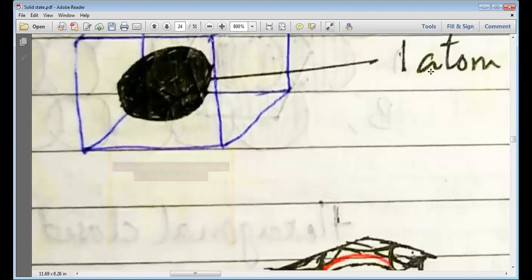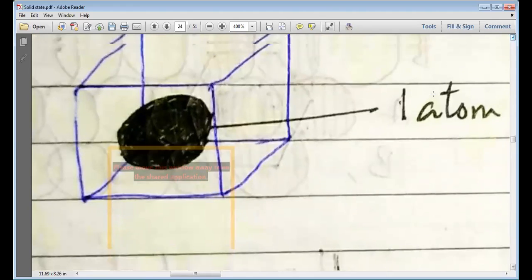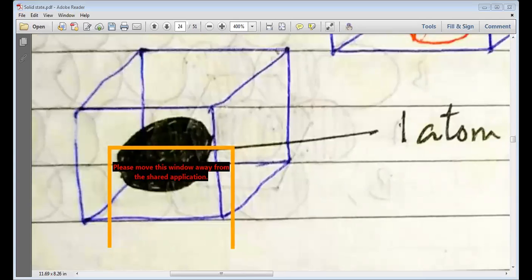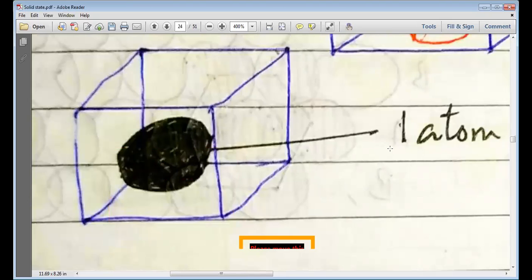In this you can see that there is one atom present exactly at the center of the body of the unit cell. As it is present at the center of the body, we consider it a body-centered unit cell.